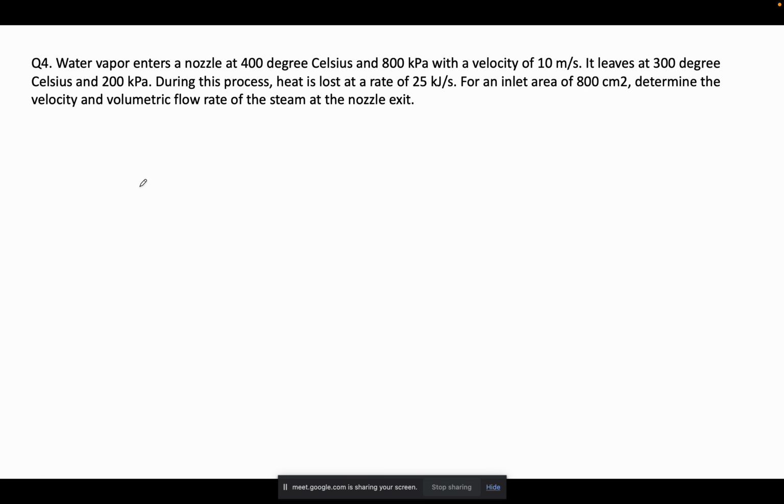Okay, so this is how a nozzle looks. This is the entry point and say this is the exit point.